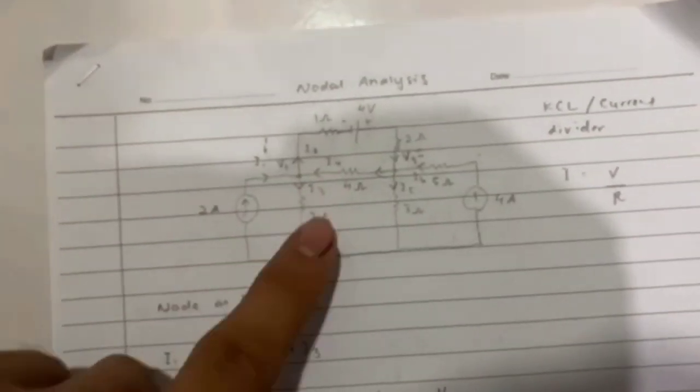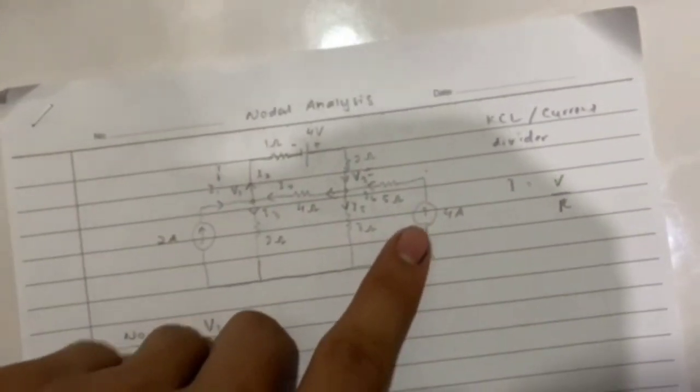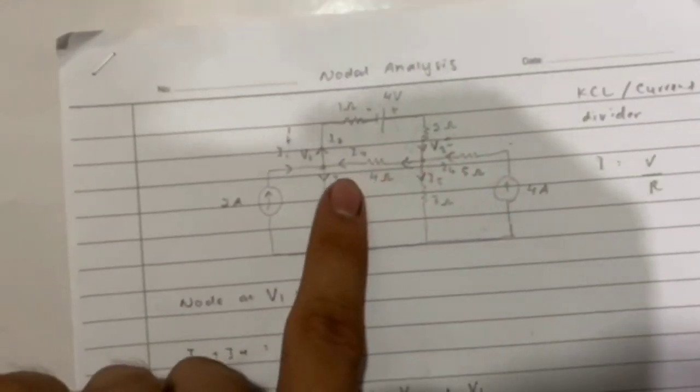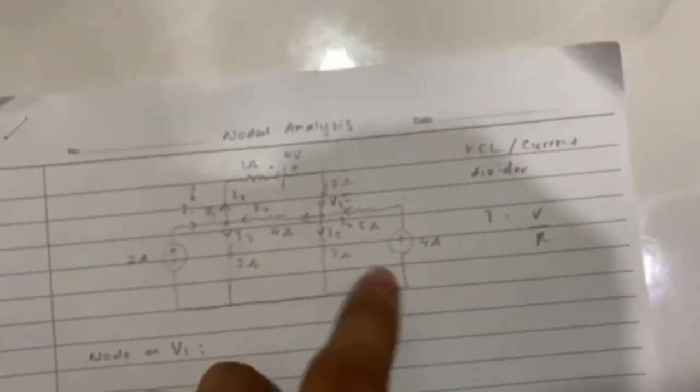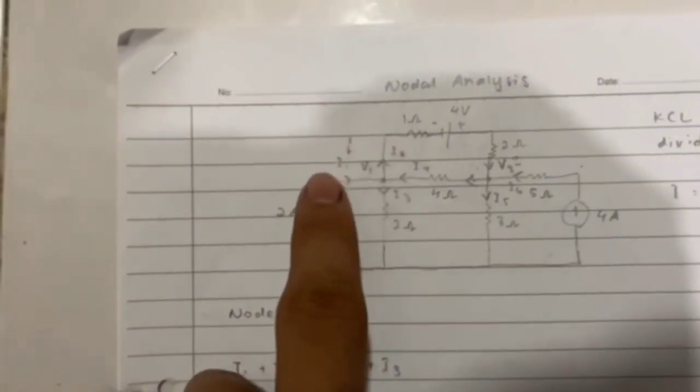From the circuit, two currents go into the node V1: from the left, the current from the 2 amp, and from the right, the current from the 4 amp. We label them as I1 and I4.